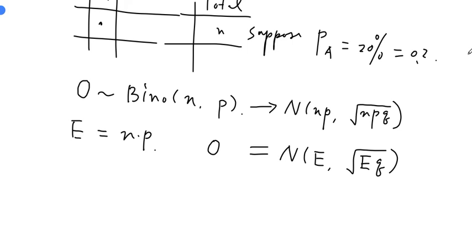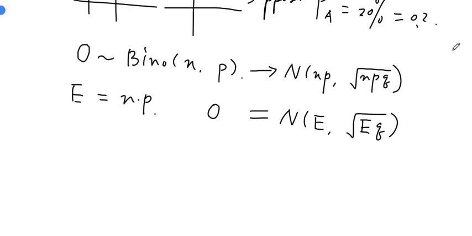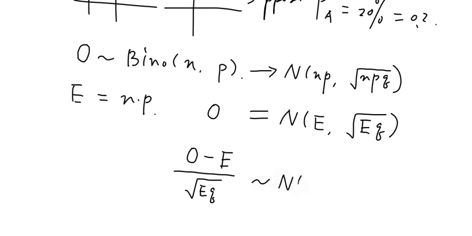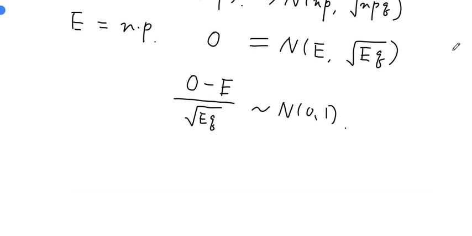So observed value minus expected value divided by the standard deviation follows standard normal. If we square it, we get observed value minus expected value squared over npq.